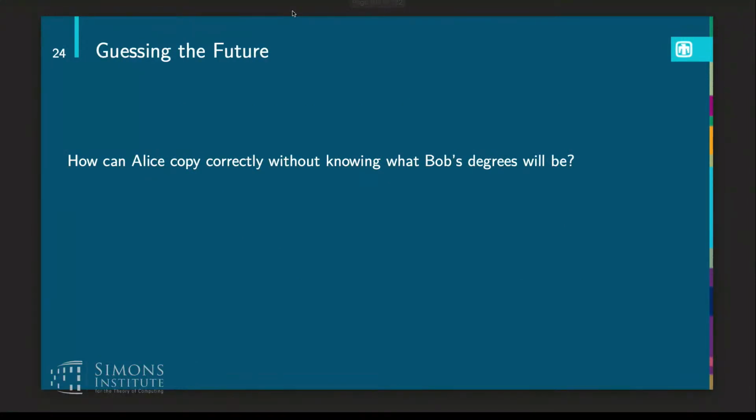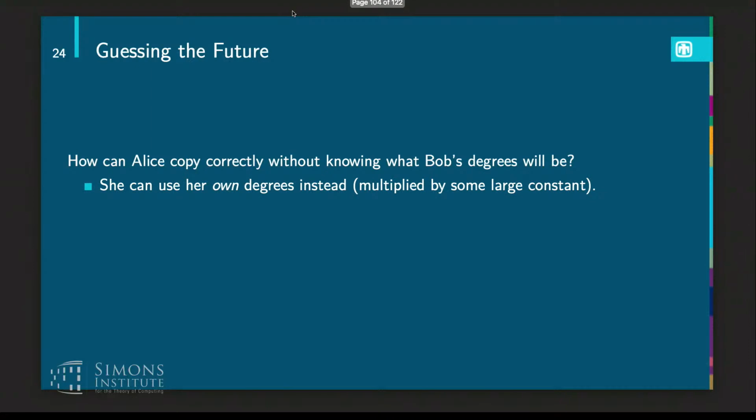But what she can do is use her own degrees as a proxy for Bob's degrees. Now, there aren't actually any guarantees on how her degrees are going to correspond to Bob's degrees. So how is this useful?